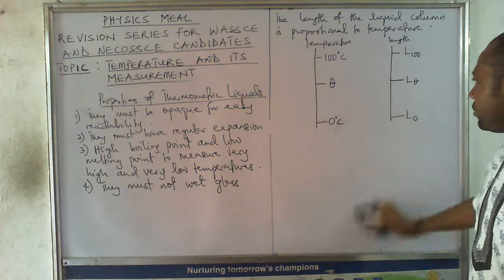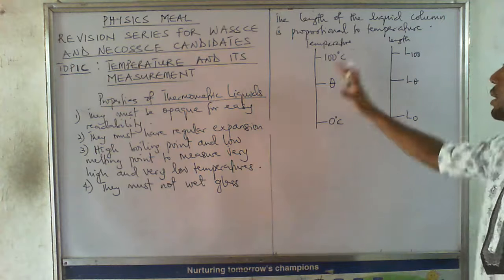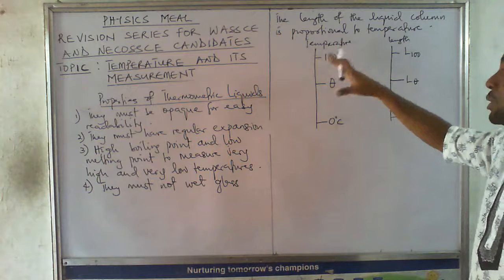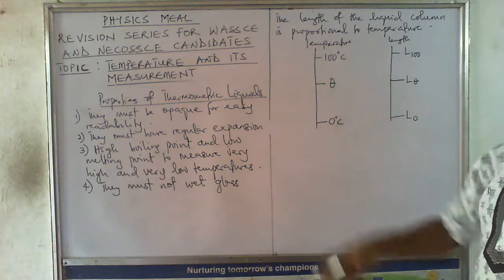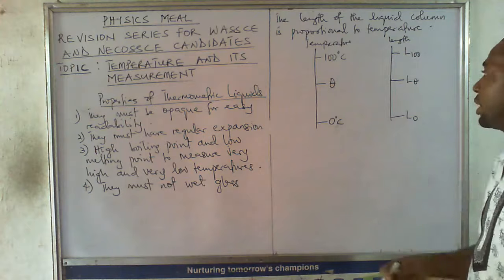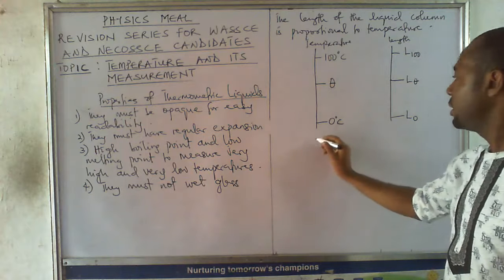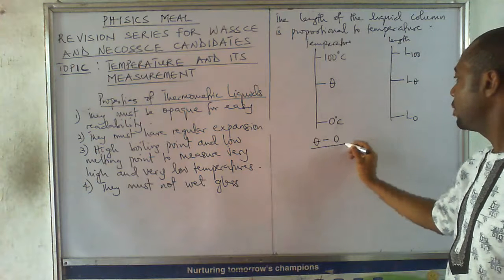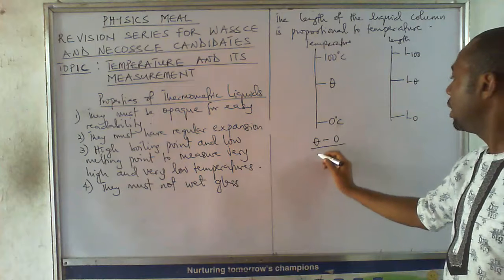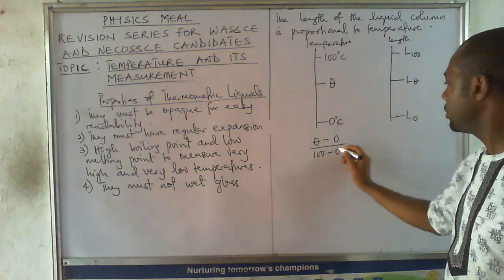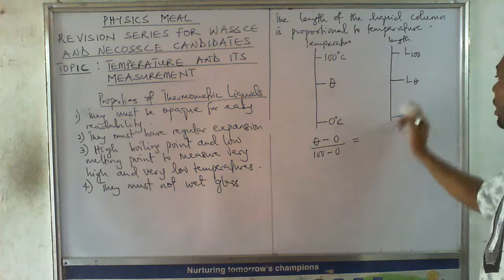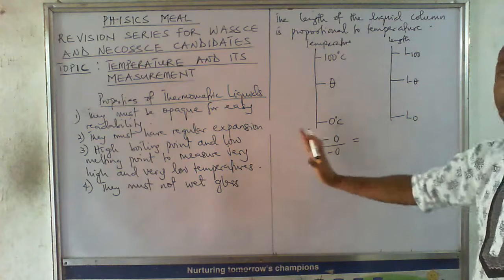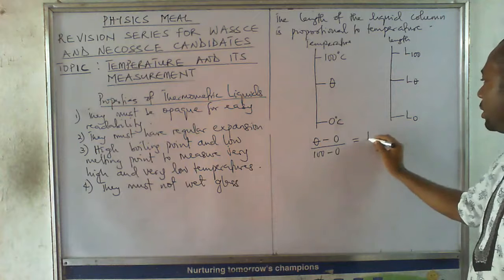So if we apply the same principle we use when we are trying to obtain the relationship between temperature scales, we are going to have that theta minus 0 all upon 100 minus 0 will be equivalent, since they are proportional. Temperature is proportional to what? Length.